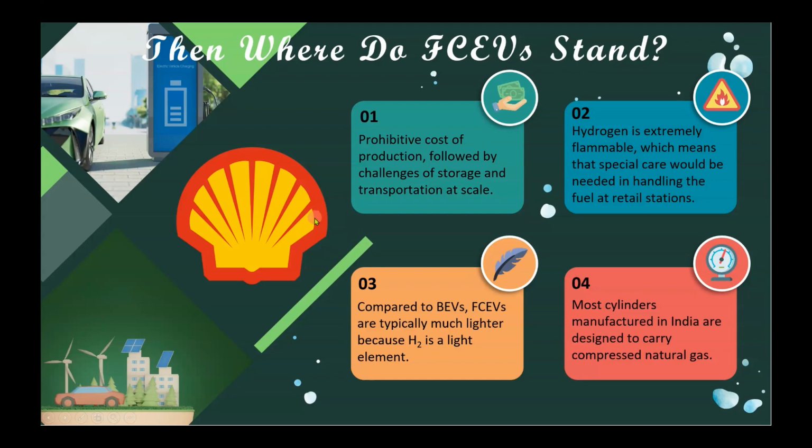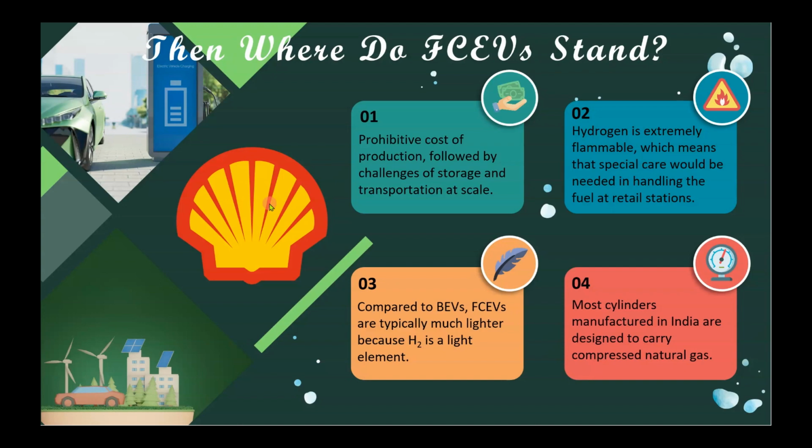Shell owns one of the major hydrogen plants in California, but the transportation and storage costs have become so high that it has made the distribution and viability of use of hydrogen in vehicles and the transport sector very difficult.